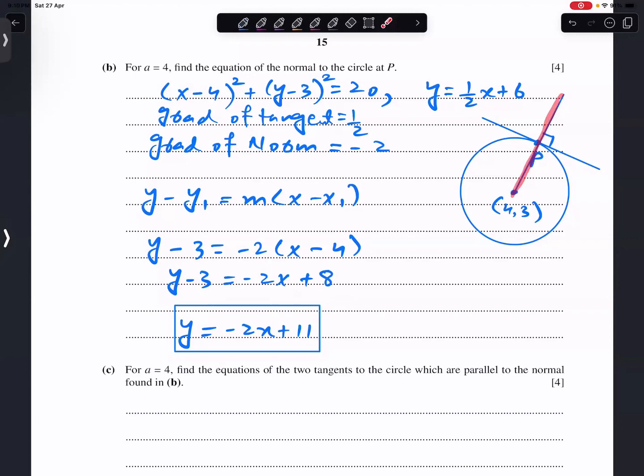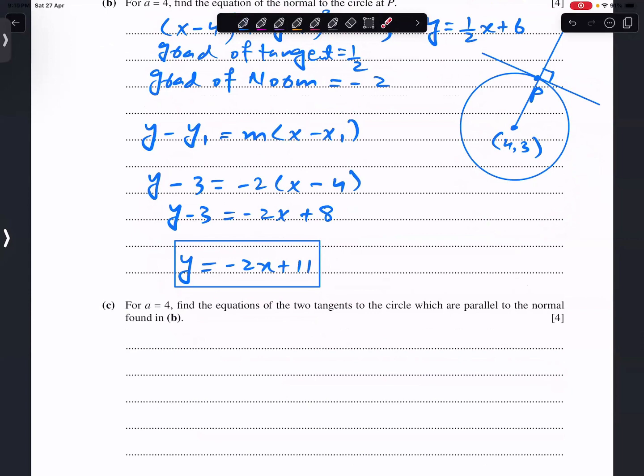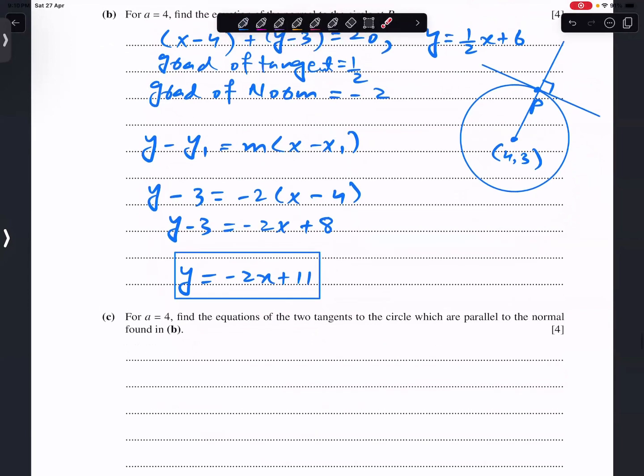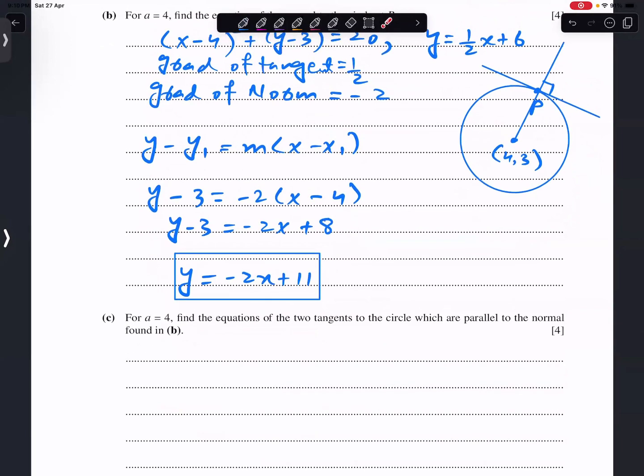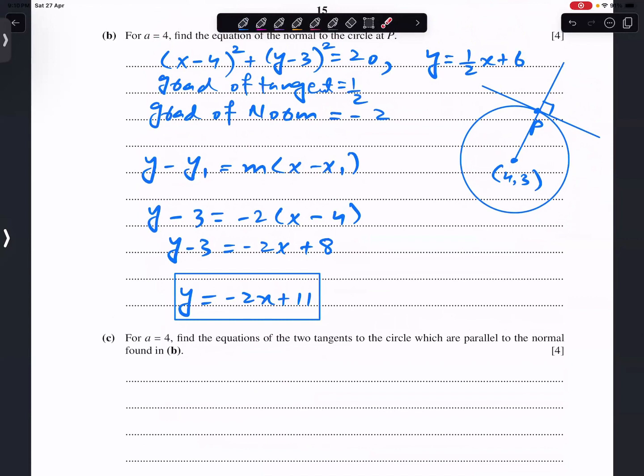Now see, for a is equal to 4 again, find the equations of two tangents to the circle which are parallel to the normal found in B. So students, now this is my normal line. If two tangents are parallel to this normal line, so definitely we will draw those two tangents here.